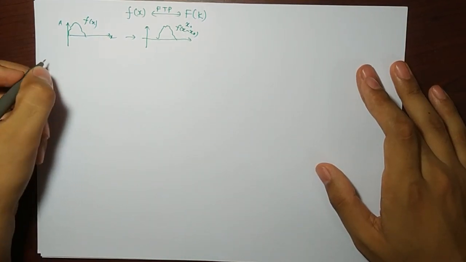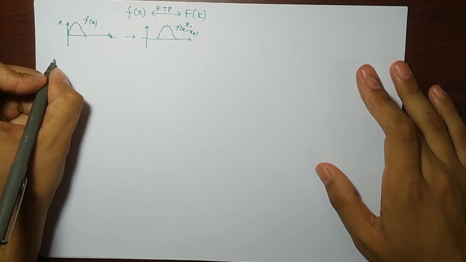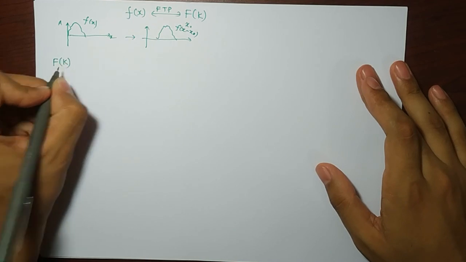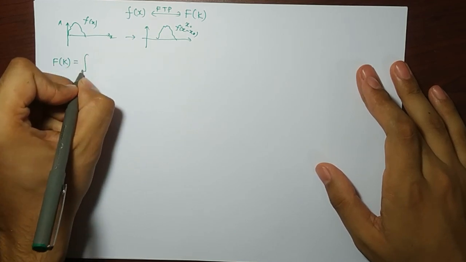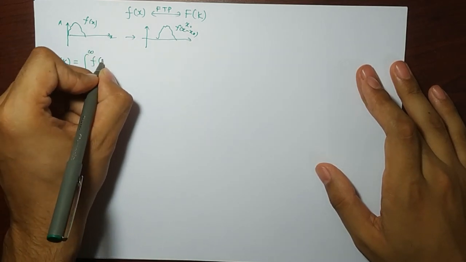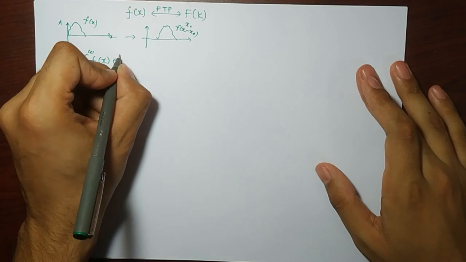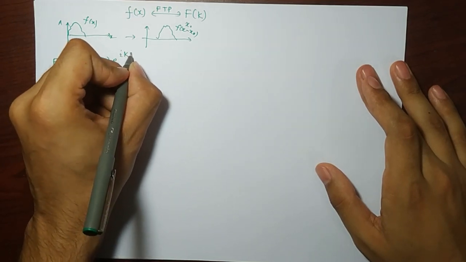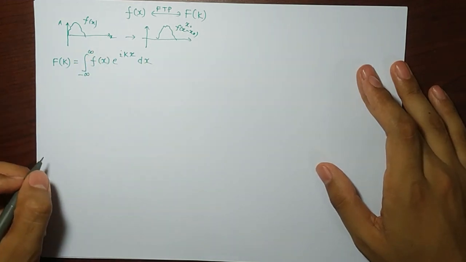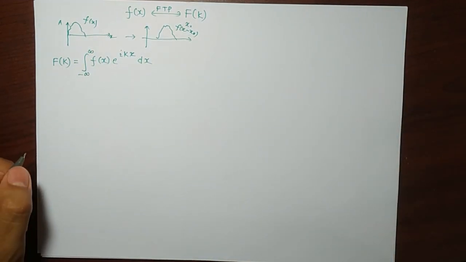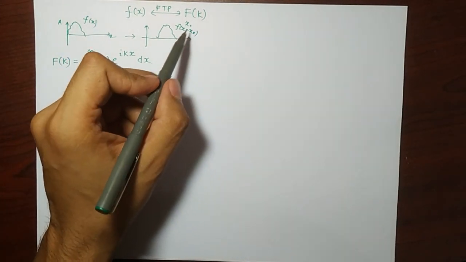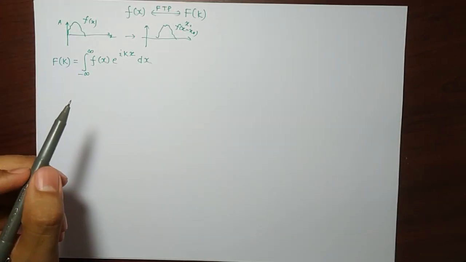So what is the formula of the Fourier transform? The formula is f of k is the integral from minus infinity to plus infinity of f of x e to the power i k x dx. So what effect does this f of x minus x naught have?